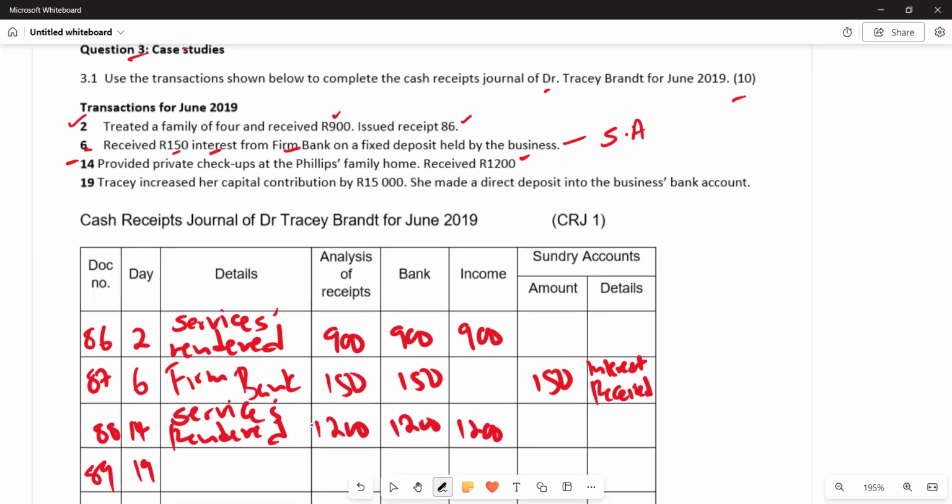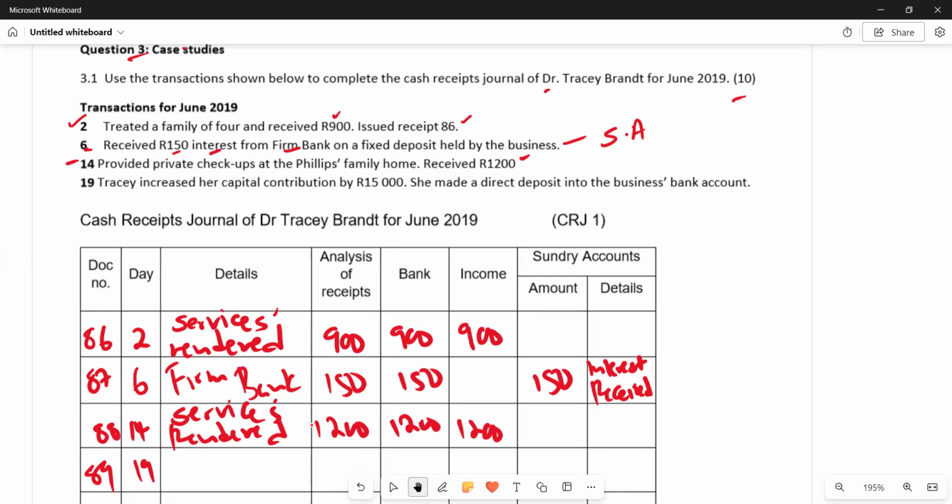We are now on the 19th, and Tracy increased the capital contribution by 15,000 rands. She made a direct deposit into the business bank account. So this is just a capital contribution, which means the business is receiving money from the owner. So it's capital.